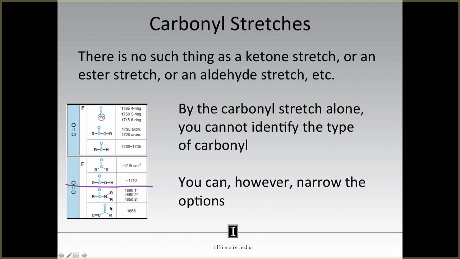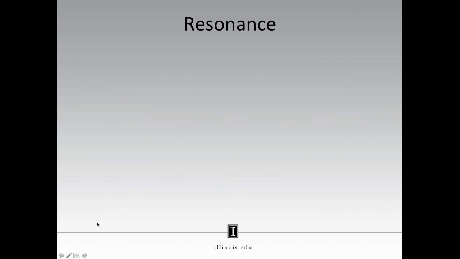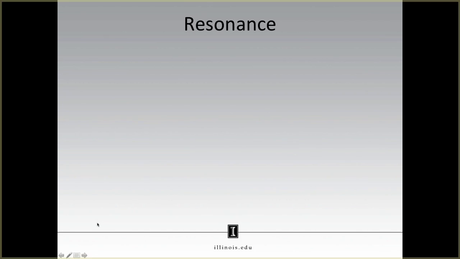If you do not know what conjugated means yet, when I say conjugated carbonyl, I mean a carbonyl connected to a carbon-carbon double bond. Why do amides and conjugated carbonyls appear below 1700? This is because of resonance. Let me draw an amide here.